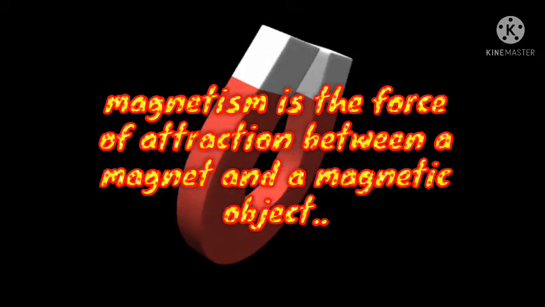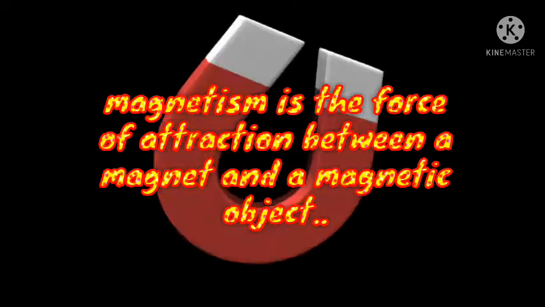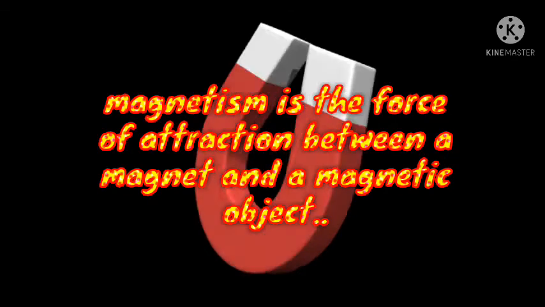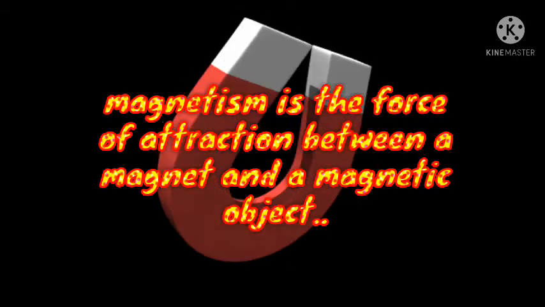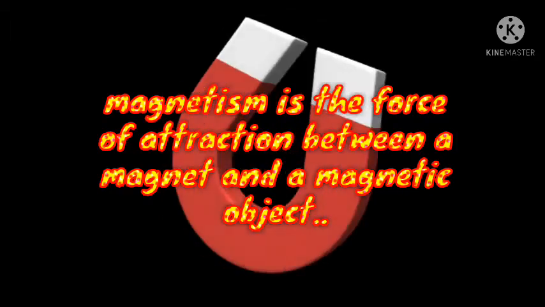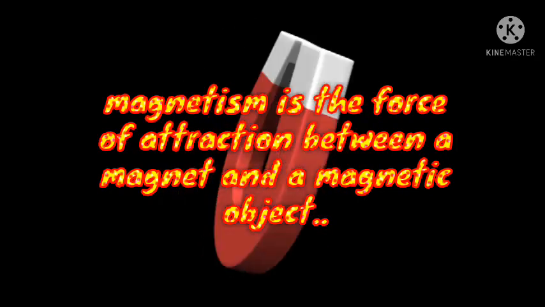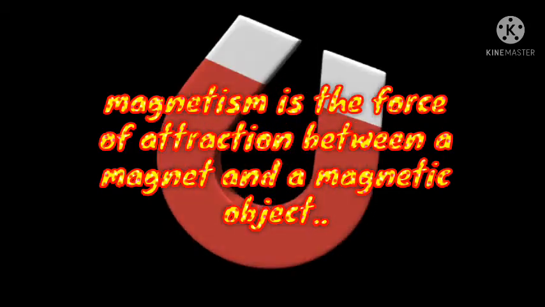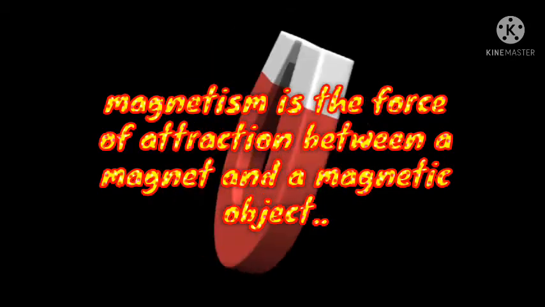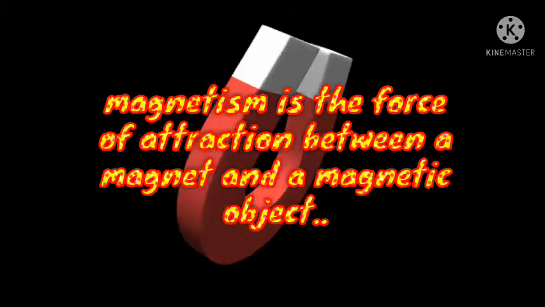Then that metal will become a temporary magnet, meaning it attracts other metal like itself. They act like tiny magnets. This process is done by stroking the metal on a magnet.